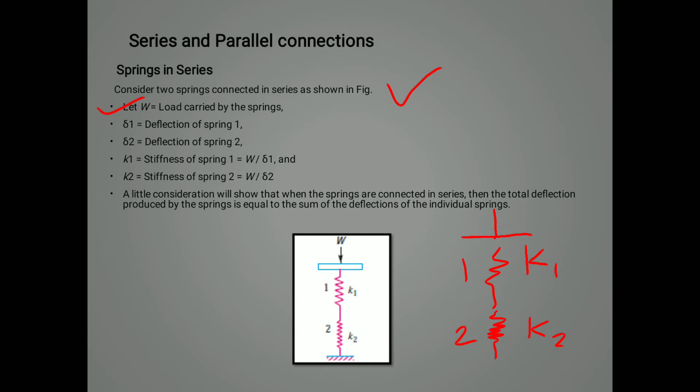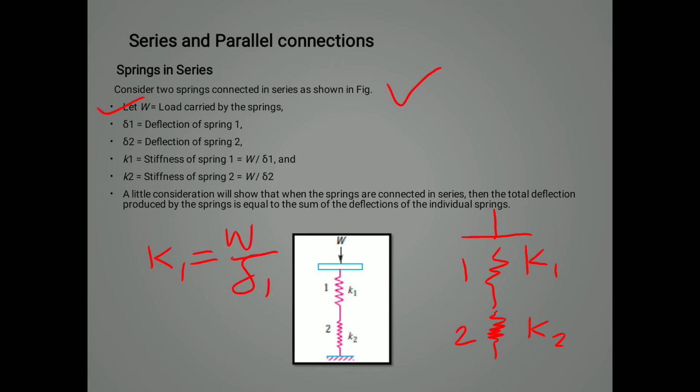Then K1 is the stiffness of a spring, that is K1 is equal to W upon delta 1. K1 is nothing but W, that is load, upon the deflection of a particular spring number 1.